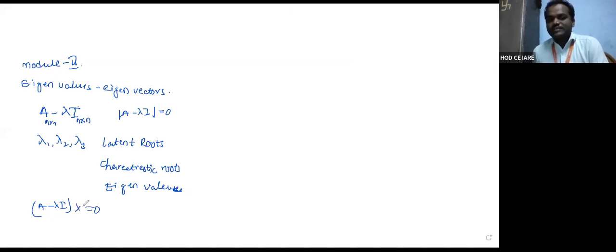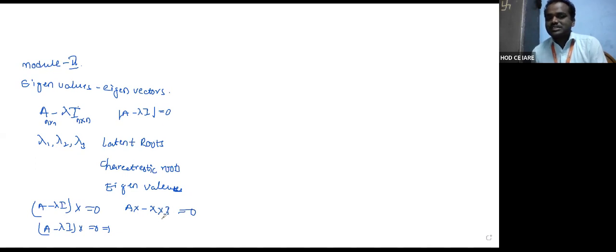Simplifying A minus lambda I of x, we get Ax minus lambda xI is equal to 0.